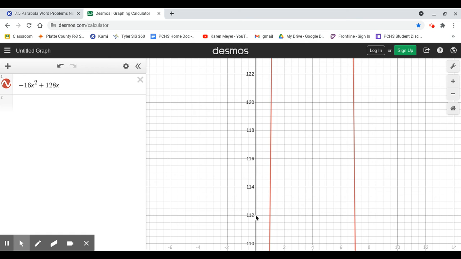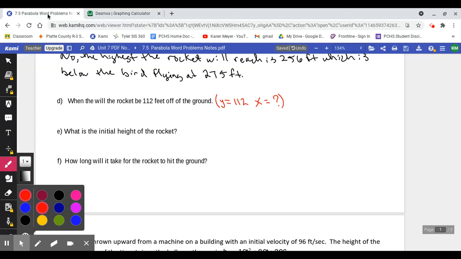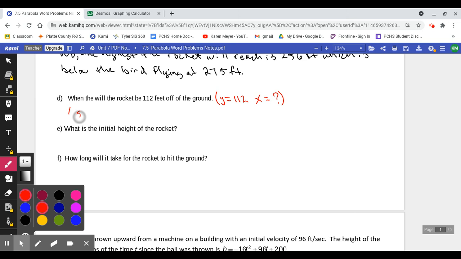Okay, so here's 112. If I go across, it looks like it's out about 1 second on the way up, and then it's also going to hit 112 again on the way down, and that is at about 7 seconds. So we've got 1 second on the way up, and also at 7 seconds on the way down.